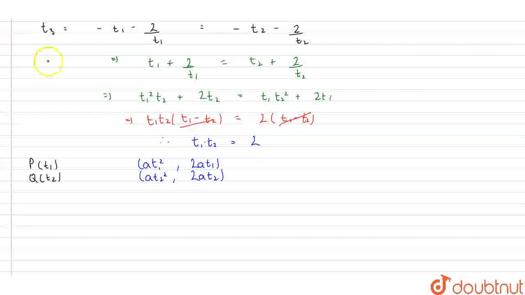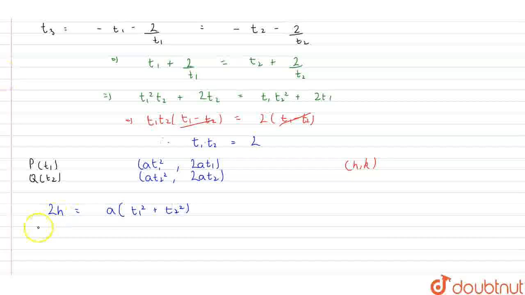Now if the midpoint of PQ is (h, k), then we can say that 2h equals a into (t1² plus t2²). We can write this as 2h is equal to a into ((t1 plus t2)² minus 2 t1 t2).